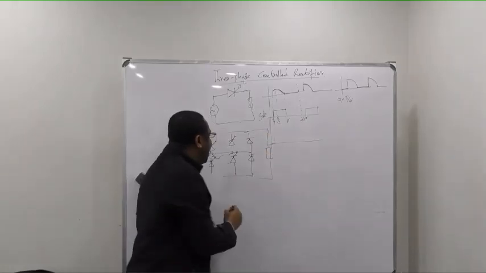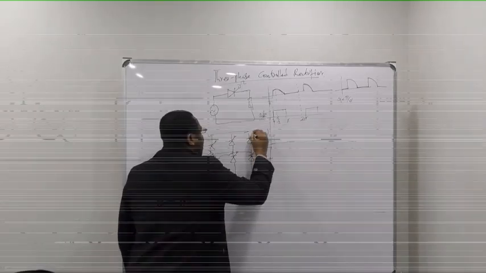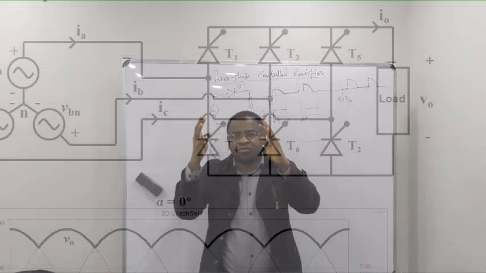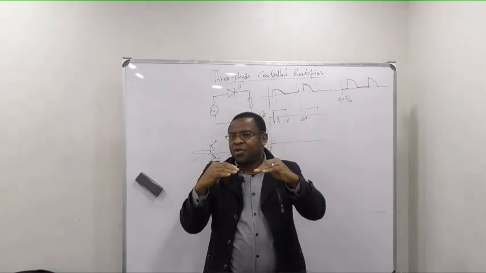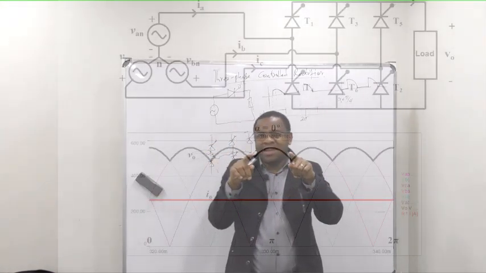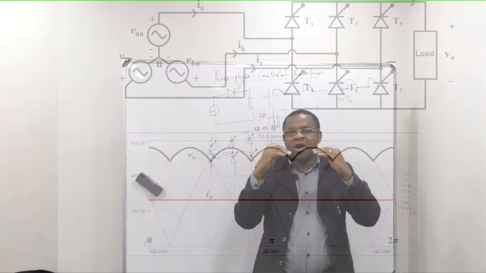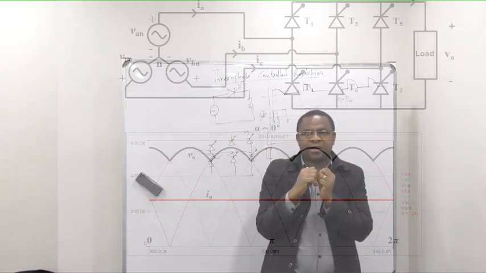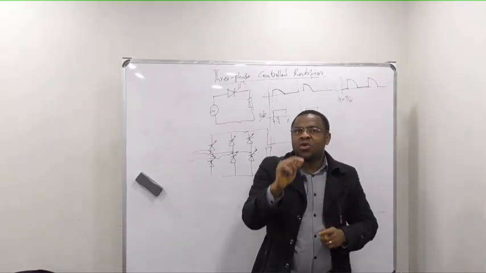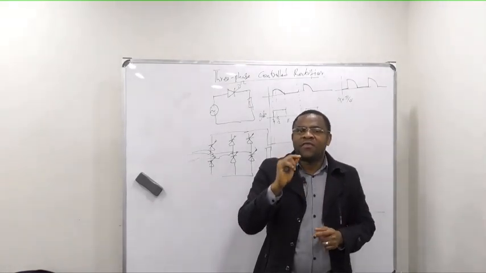if you have a controlled rectifier just as we have it now, you can see the output voltage, how it will look. But remember, the output voltage will depend on the firing angle.